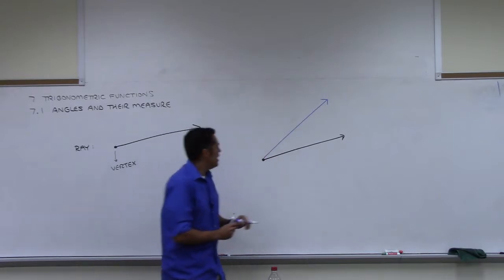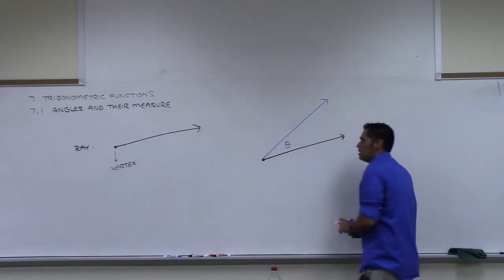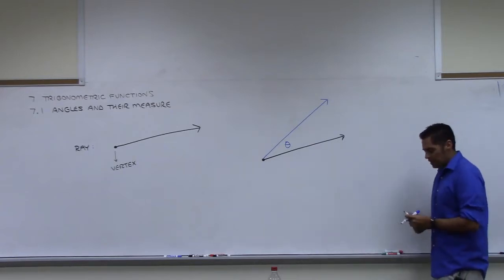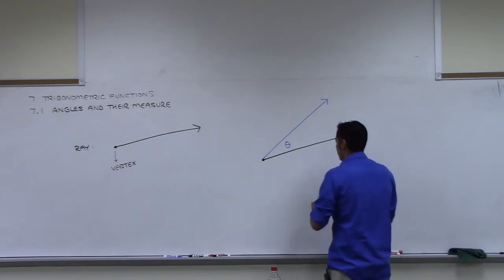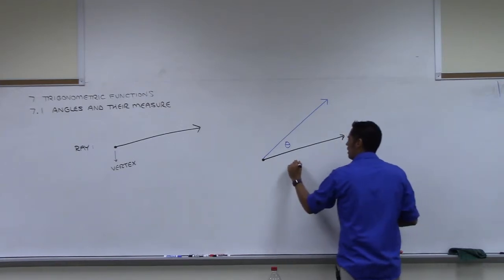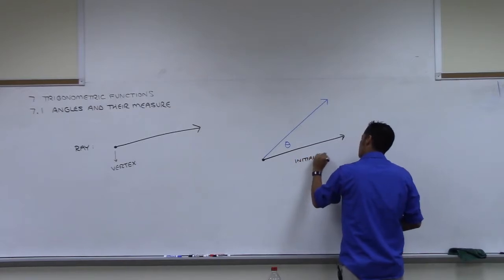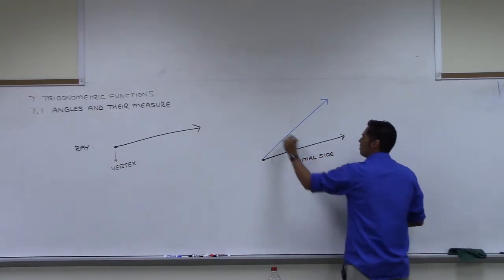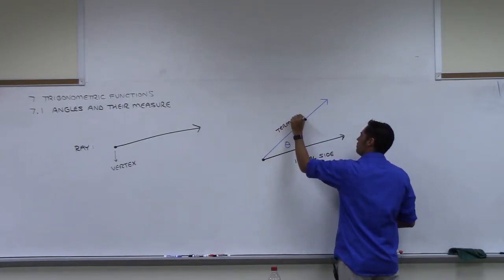This is the angle, and we'll call it theta, the standard letter we use when we introduce angles. That's a Greek letter. This ray on the bottom we call the initial side of the angle, and this one right here is the terminal side.